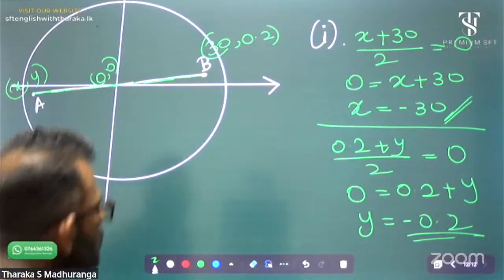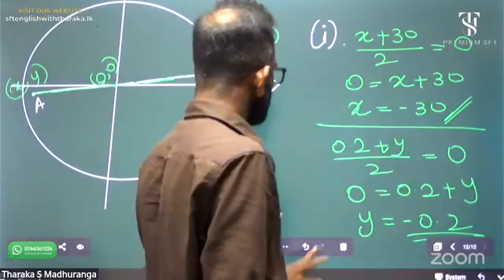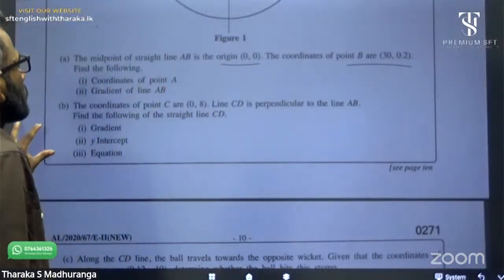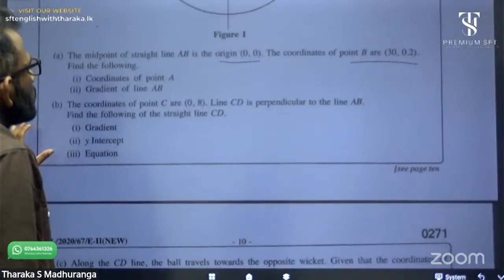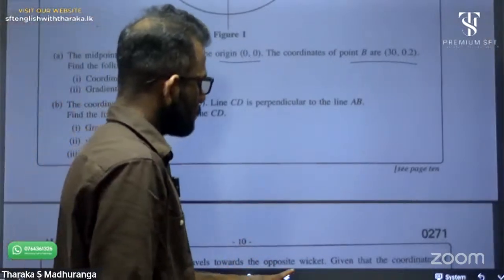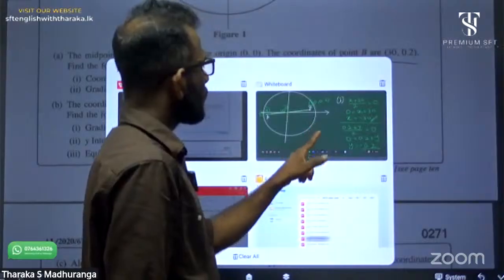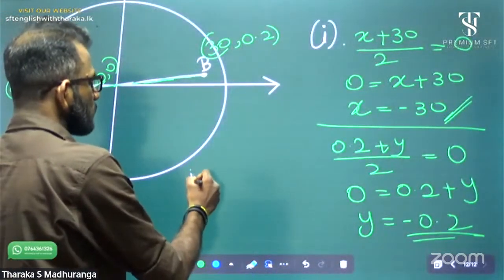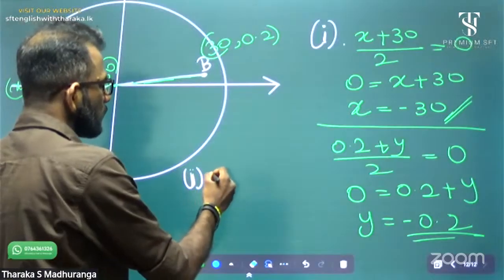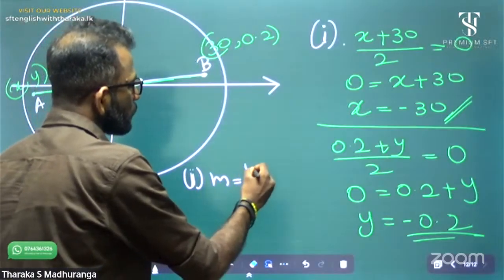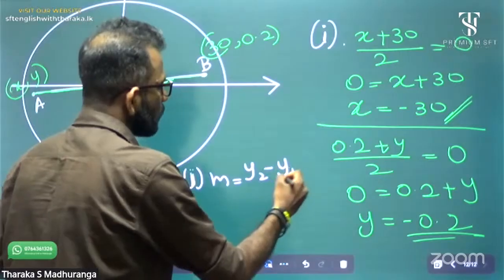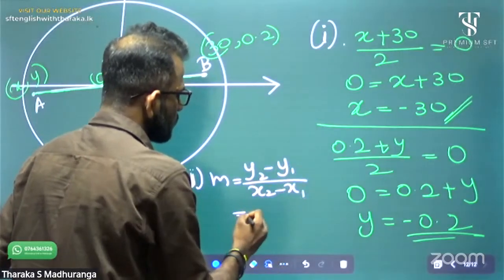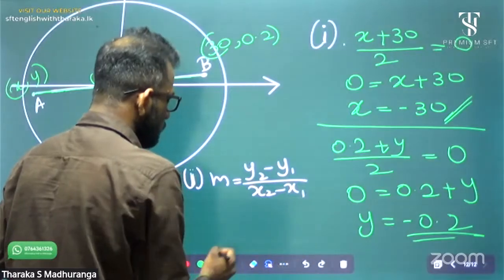Good. Okay, question number 2, part 2, 2020 exam: gradient of the AB line. If you know two points, you can calculate the gradient. Very simple. The gradient m equals y2 minus y1 over x2 minus x1.